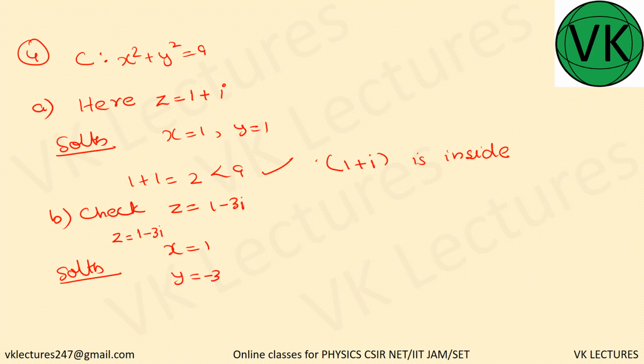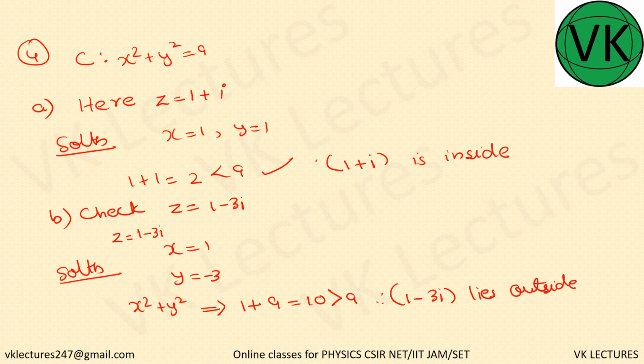So putting that in the contour, x squared plus y squared is equal to 1 plus 9, which is 10, greater than 9. Therefore 1 - 3i lies outside the contour.